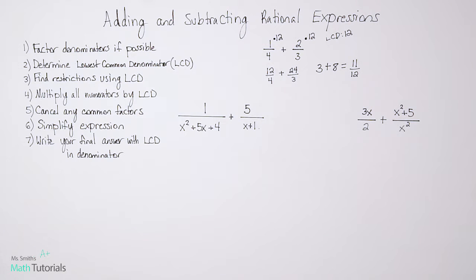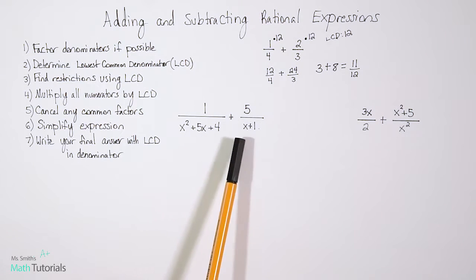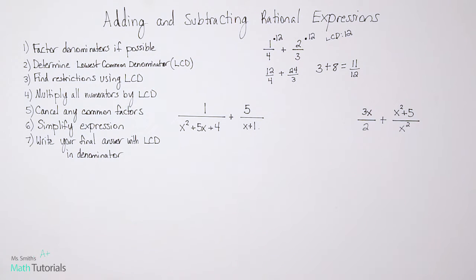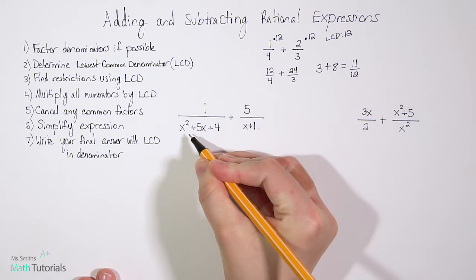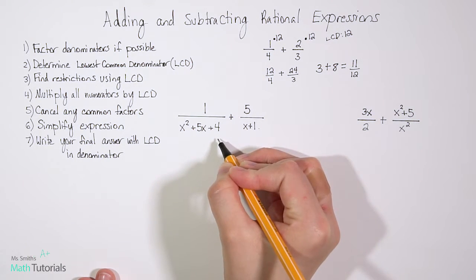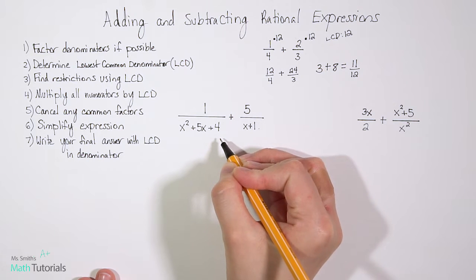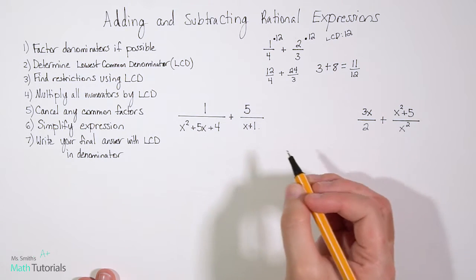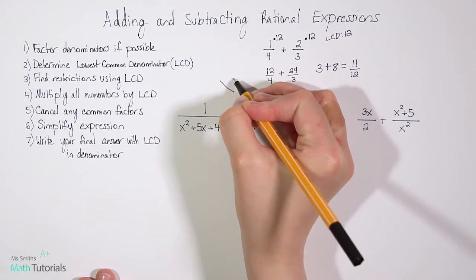You'll find that when we do this with our rational expressions, we're going to follow those exact same steps. Step 1, factor denominators if possible. Looking at this first denominator, x squared plus 5x plus 4, I noticed that that's a quadratic trinomial, so we can definitely try to factor this, and probably the first thing you want to try is to use your x.